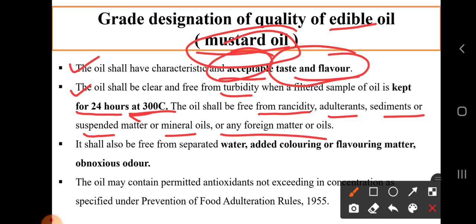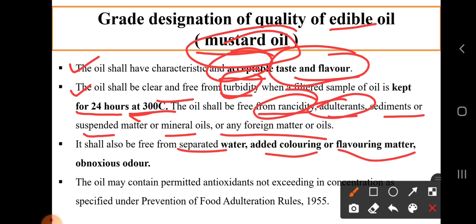Overall, we can say your oil should be clear and free from any kind of impurities, such as turbidity, rancidity, adulterants or suspended matter. It should also be free from separated water, added coloring matter, flavoring matter, and bad smells.